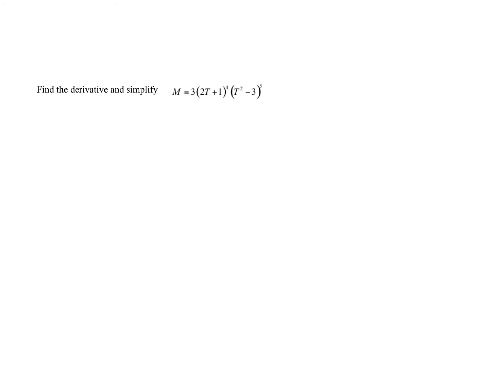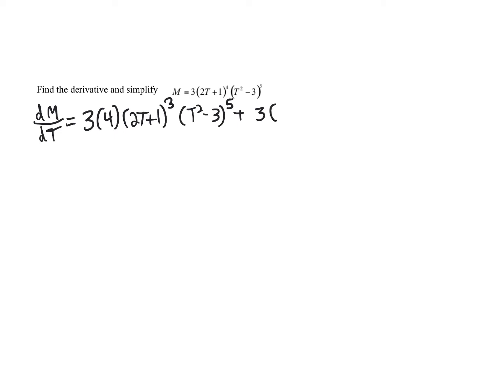All right, this example is a product rule. Now there's a couple different orders you can do the product rule in. So I'm going to take the derivative of the first, using the chain rule, rewrite the second, plus the first, derivative of the second.